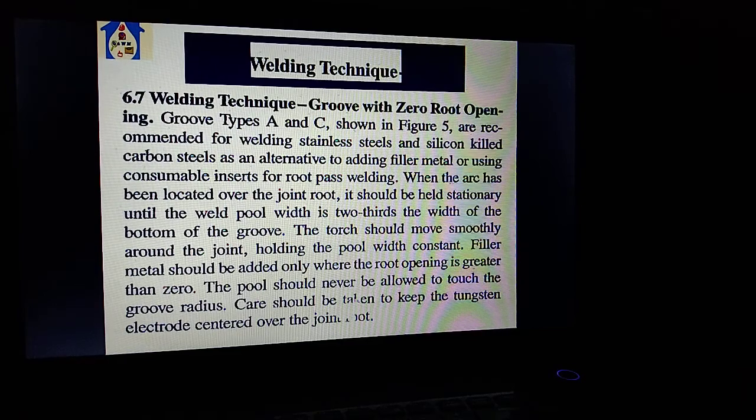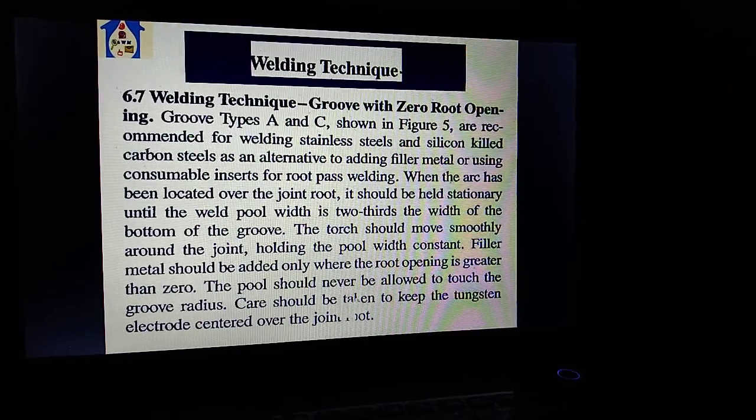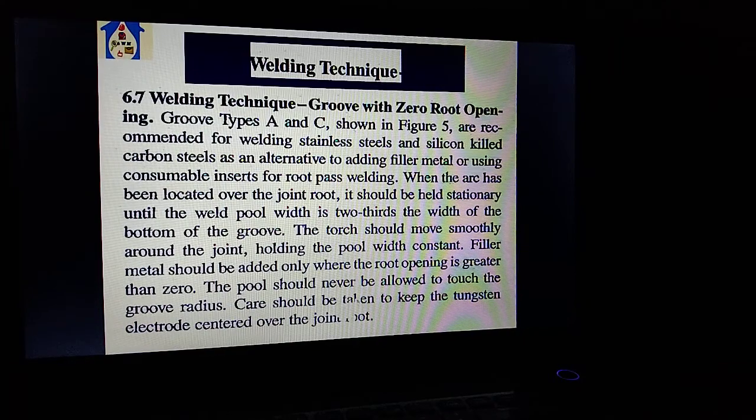Welding technique. Groove types A and C shown in figure 5 are recommended for welding stainless steel and silicon-killed carbon steel, as an alternative to adding filler or using a consumable insert for the root pass welding.